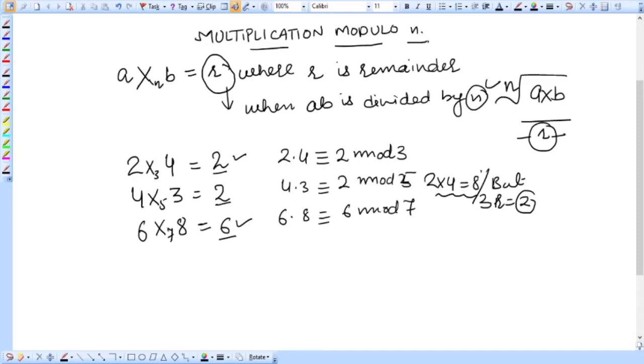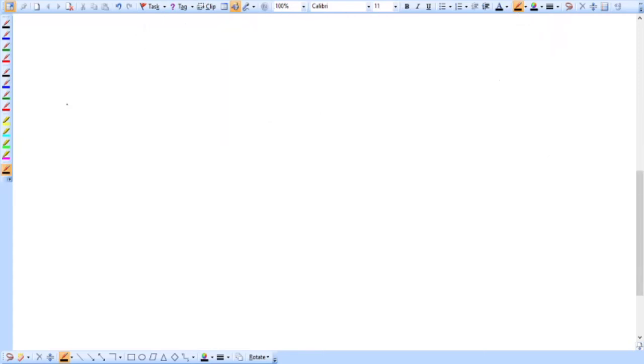Now we are going to prove a very well known result on multiplication modulo. Let me write the statement of this result here.